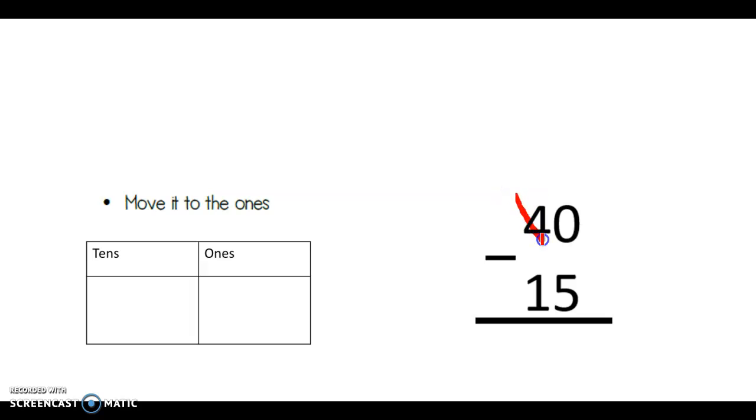So I've taken my 10. So that leaves me with 3 tens. And I have a 10 in the ones place now. So I have a 10 over here. I've just moved it over to the ones place.